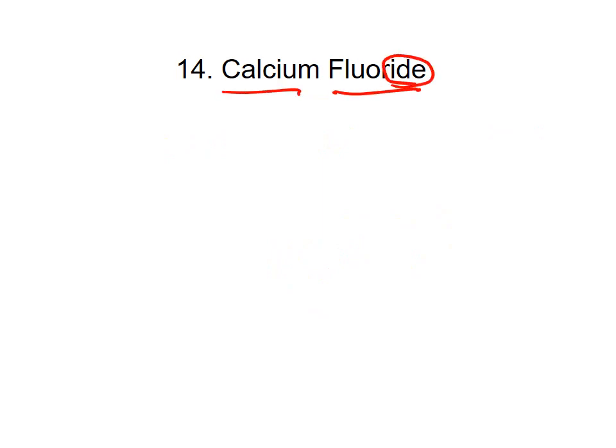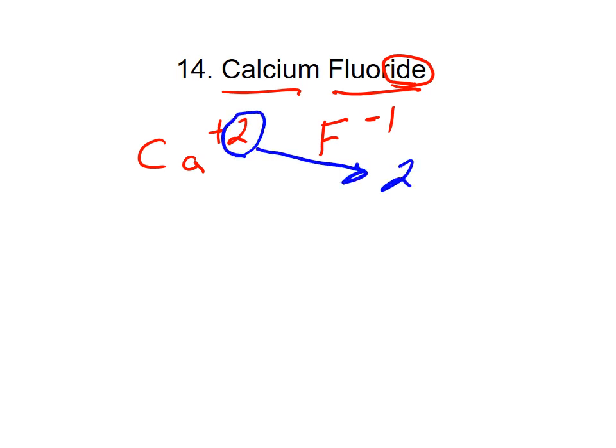And again, the "ide" is an element clue, so we know we have calcium, which is plus 2, fluorine, which is F, minus 1. So we don't add to 0, so we know the 2 is going to have to come down here. The 1 will cross over to here. So when we clean it up, we have Ca, we don't need to write 1, and F2.